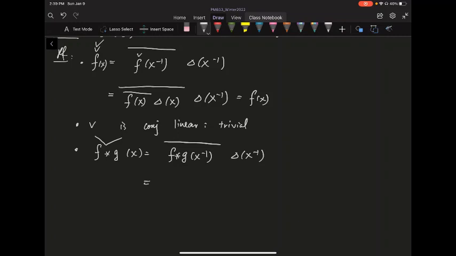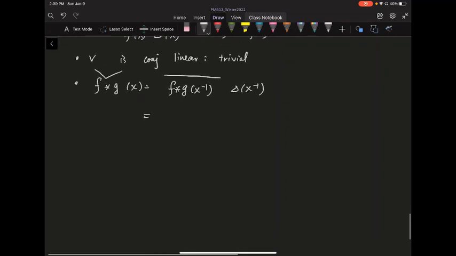Recall the formula for the convolution. This is the integral of, first, f and g conjugated, with f evaluated at x inverse y and g of y inverse, everything conjugated, d mu of y, and then we also have a delta of x inverse.